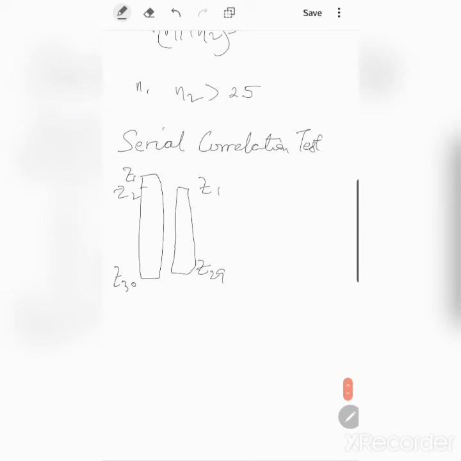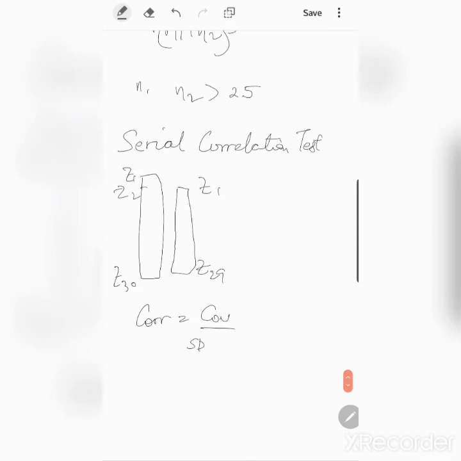So if I'm doing the correlation with lag 1, the general formula for correlation is covariance divided by standard deviations of both of them.